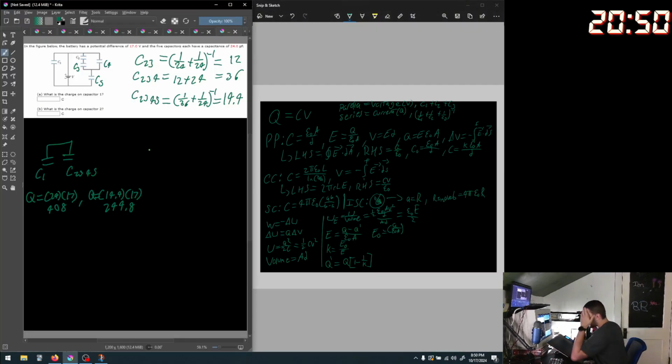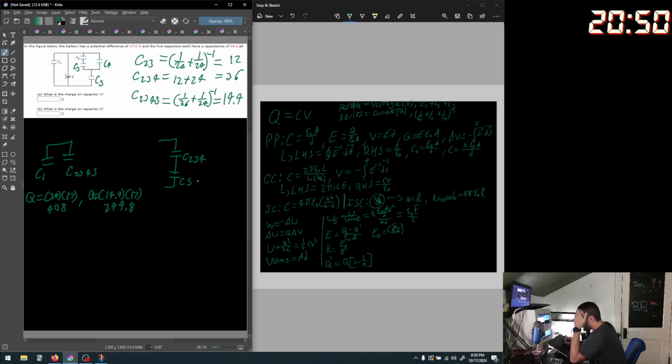And we can keep moving on. Our next capacitors are going to be C5 with C2, 3, 4, and this one's going to be C5.